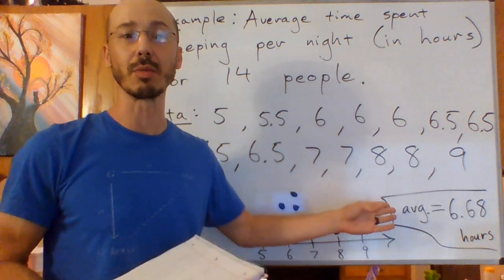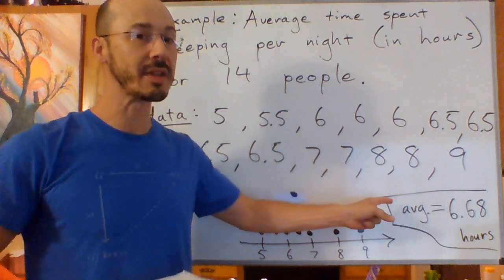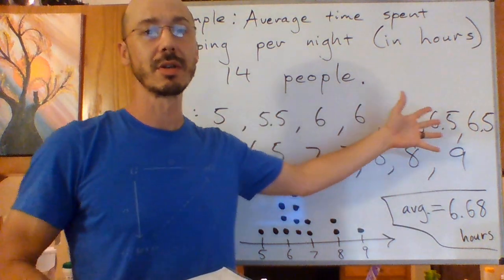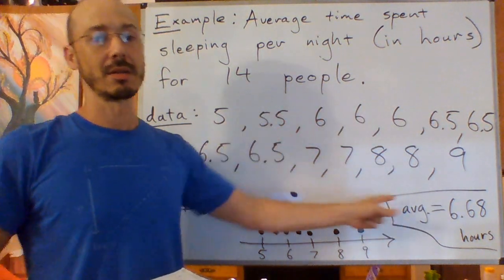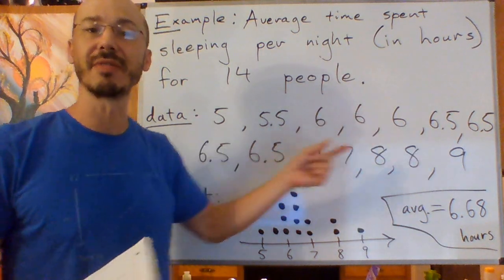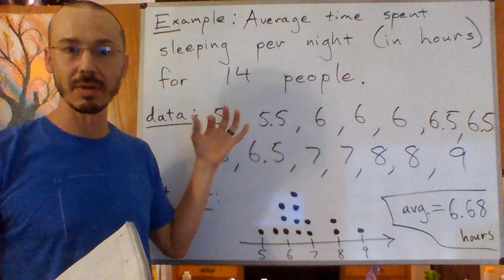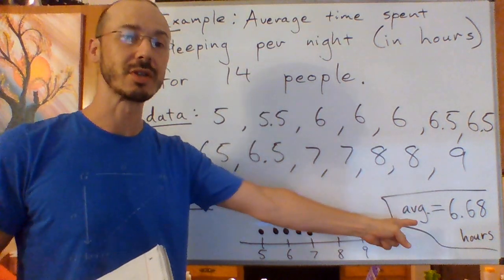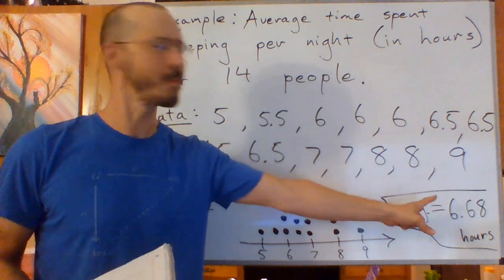That's the kind of thing that we're studying. A little more on that later, but the average of all these numbers, 6.68, is what I get when I add all the numbers together and divide by 14. So the sum of the numbers divided by 14 is the average, and I rounded it to two decimal places.